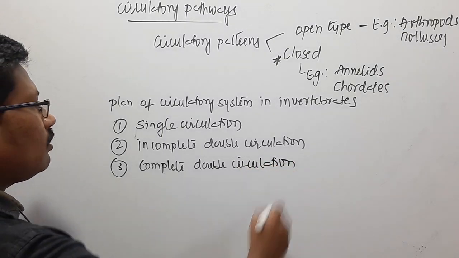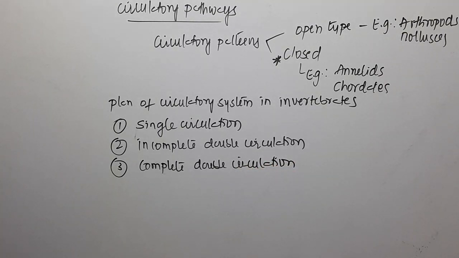So we'll see all these three: single circulation, how it takes place, incomplete double circulation, and then complete double circulation. First let's begin with single circulation.